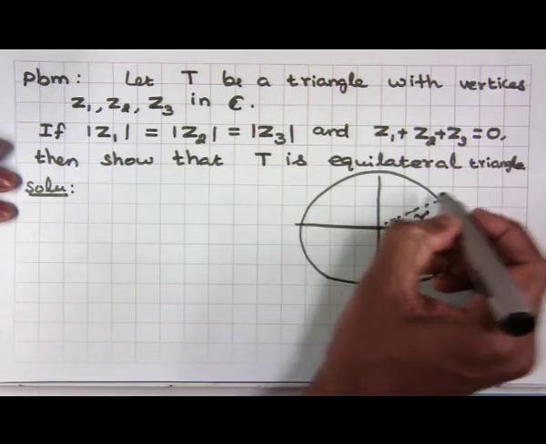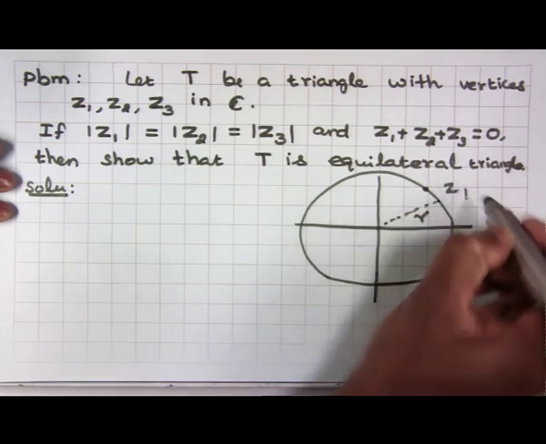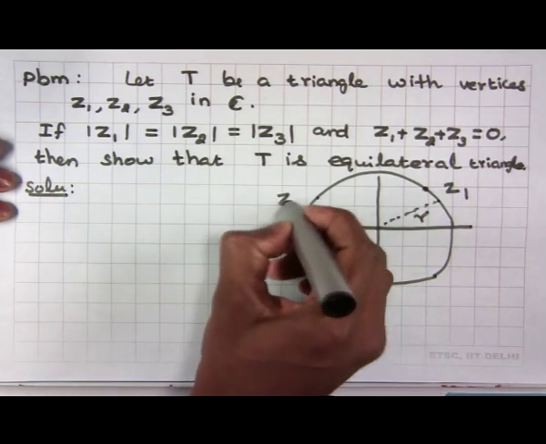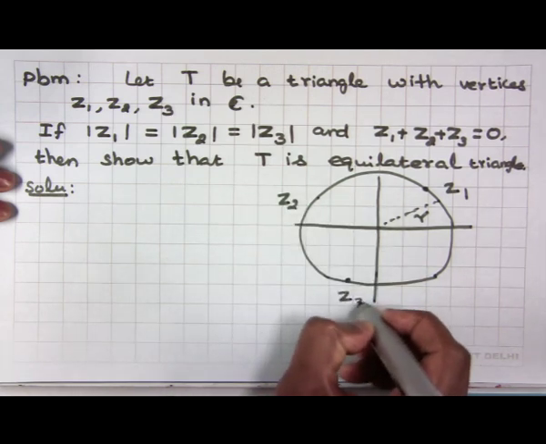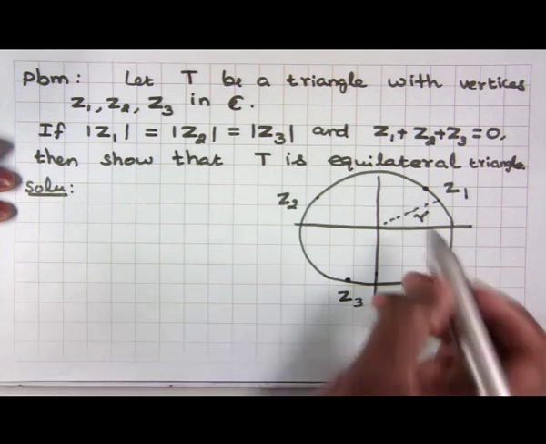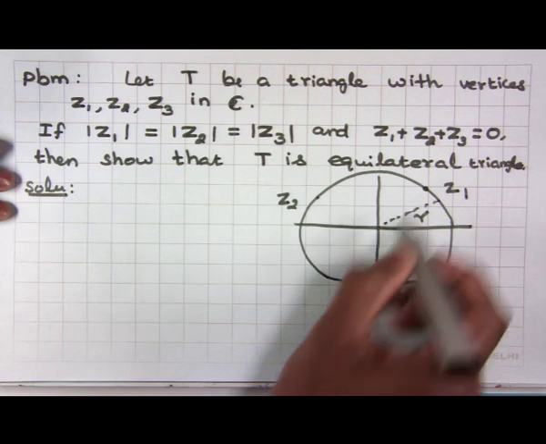So, they are distributed on this circle: Z1, Z2, Z3.